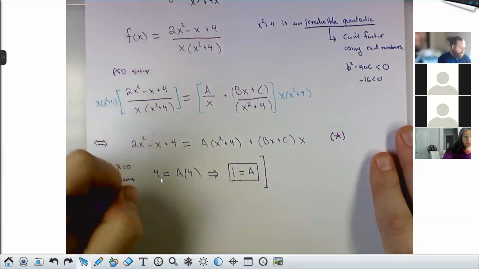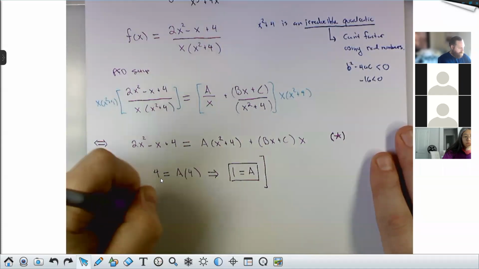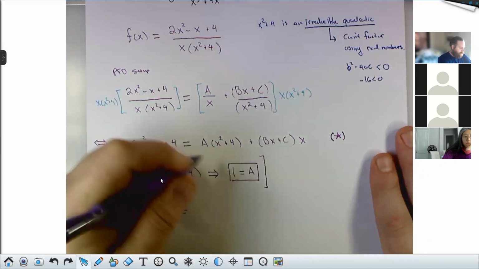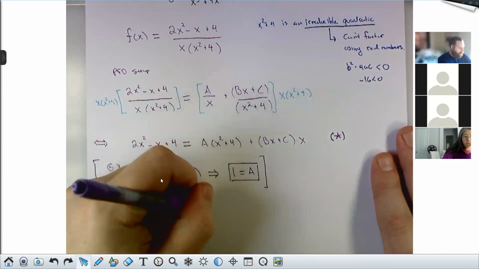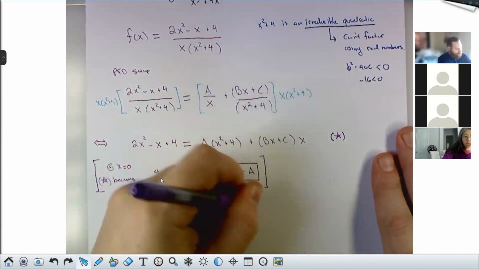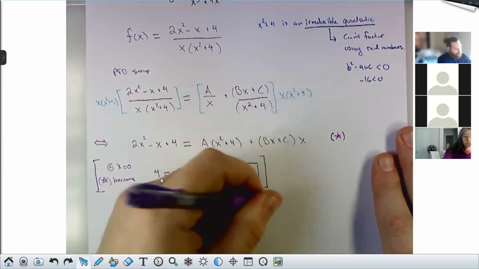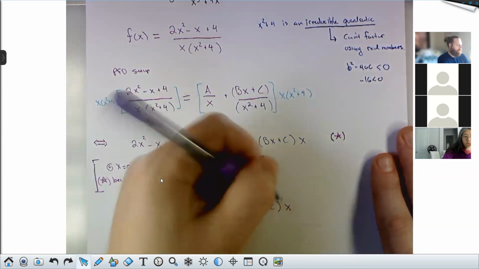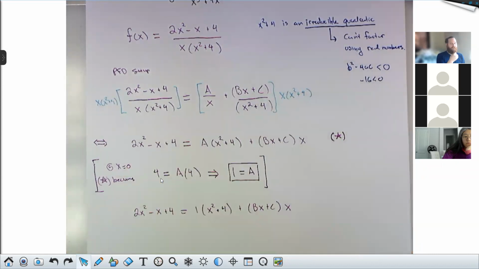So this will become 2x² minus x plus 4 equals 1 times (x² + 4) plus (bx + c) times x. And now I'll multiply out the right-hand side.